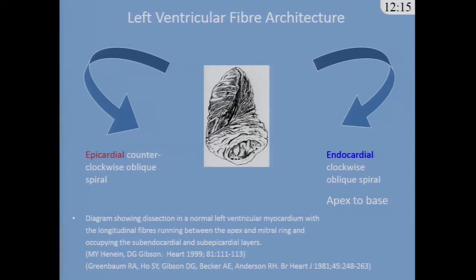And it's important because the myocyte contracts by 20%, but the volume changes by 60%. So the transfer of the myocyte contraction into a volume change, you need this kind of structure of the heart.